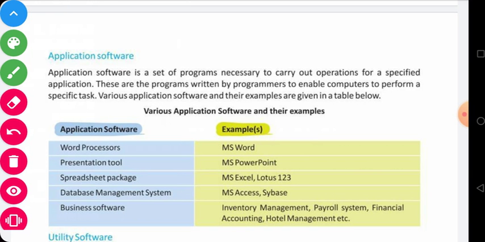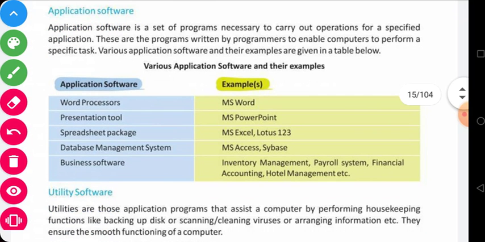What is application software? Application software is a set of programs necessary to carry out performance specified by the application. It means an application is developed with the help of sets of programs by the programmer, so that our day-to-day tasks are completed with the help of these programs. An example is a word processor.